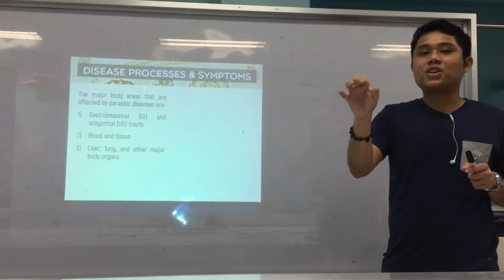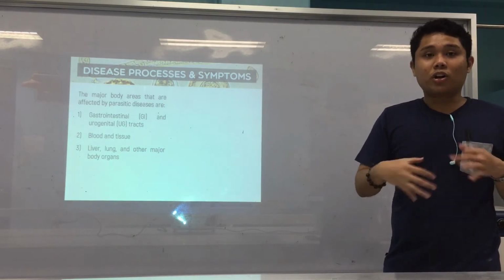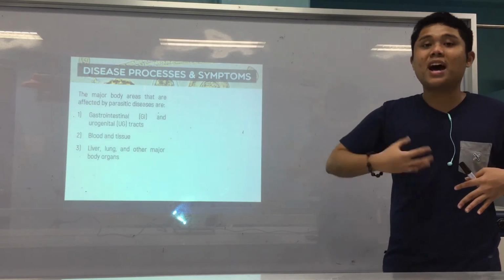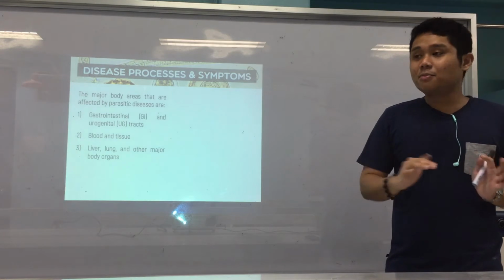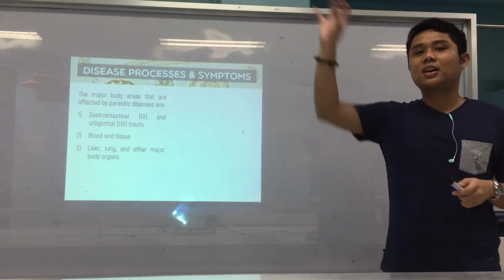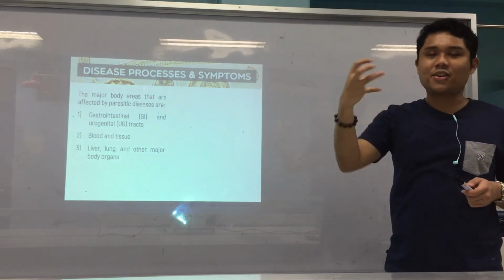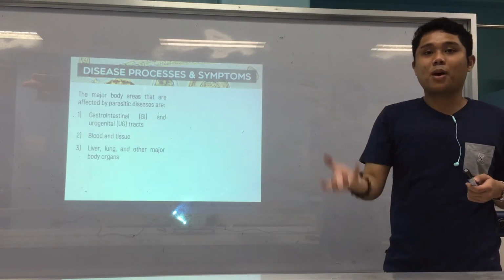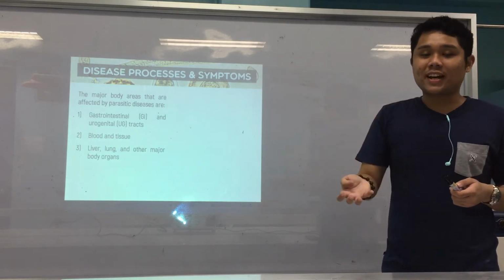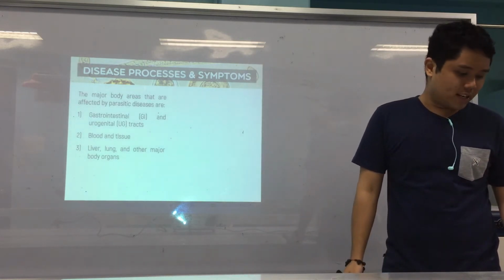Generally, it starts with a gastrointestinal parasitic infection, and then it worsens, or the parasite moves out of the gastrointestinal tract and moves to the other organs, for example liver, lung. So generally it starts gastrointestinal, and if it's not addressed or given proper treatment, then the parasite moves out of the GI tract and goes to other organs, for example liver, lung, and other body organs.